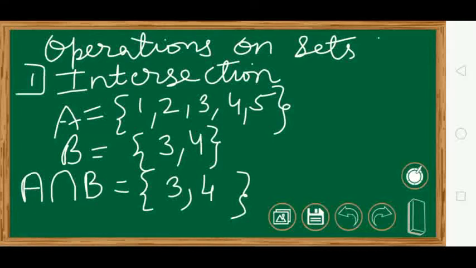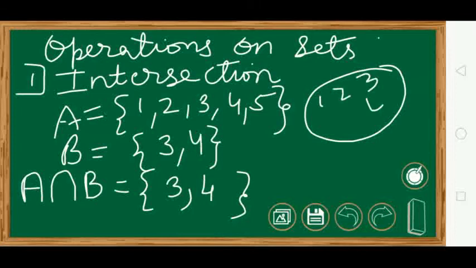And you can also show this intersection with the help of a Venn diagram. Like I can draw like this: 1, 2, 3, 4 and 5. Now 3 and 4 I will take as my B, and this will be A. Okay, let us draw the diagram properly.